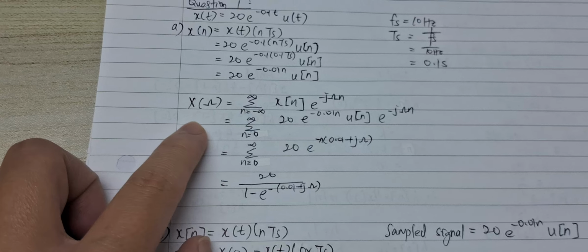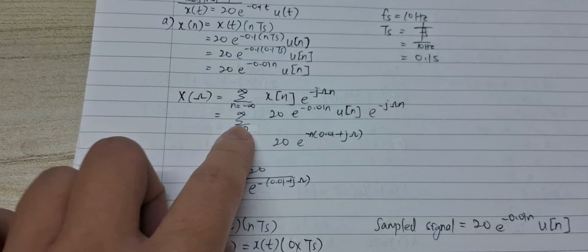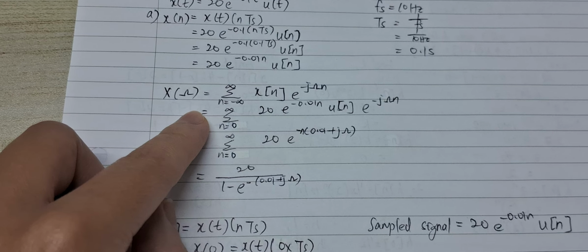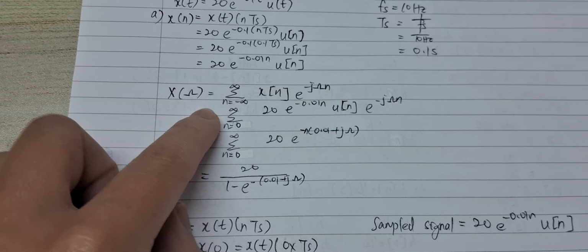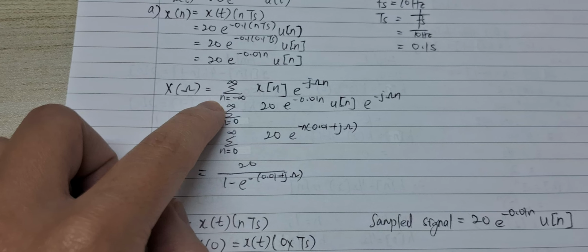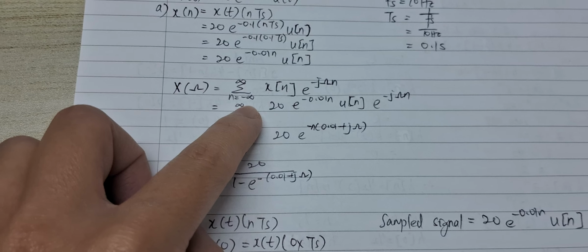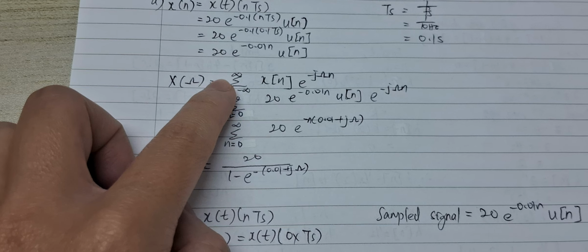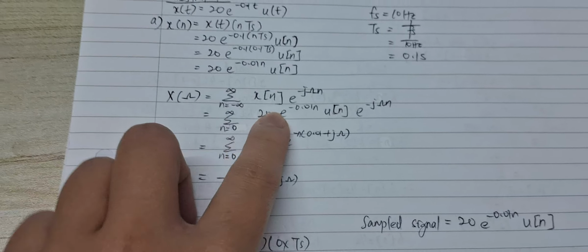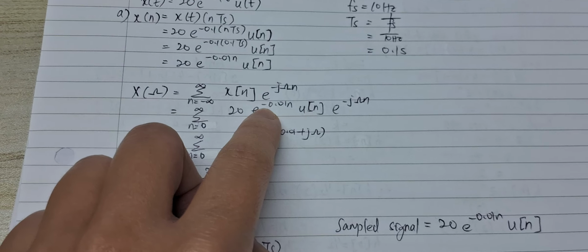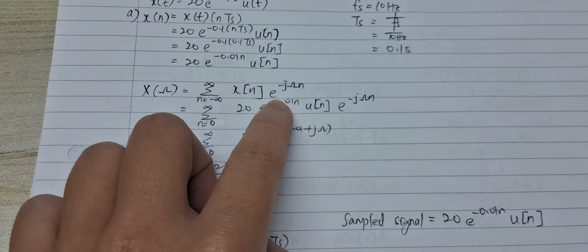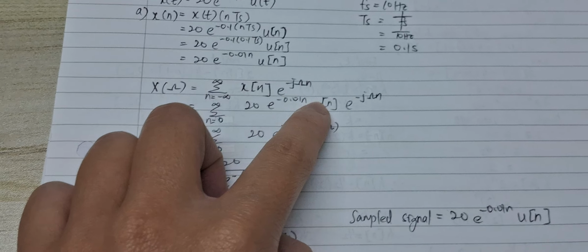After that we need to find X(omega). The X(omega) formula is the summation for n equal to negative infinity to infinity of x[n] multiplied by e^(-j omega n).